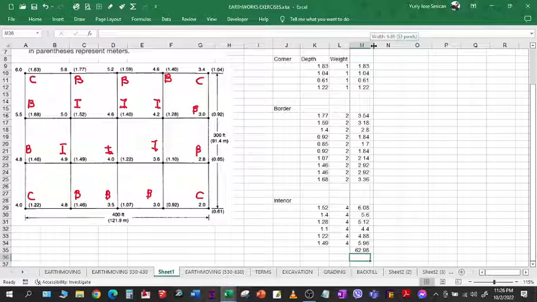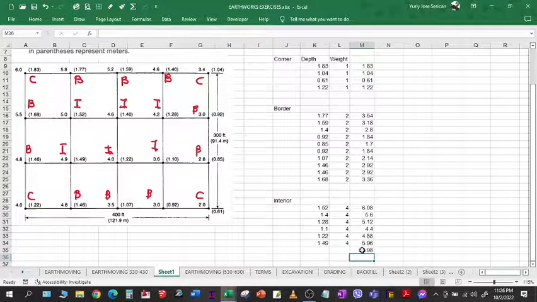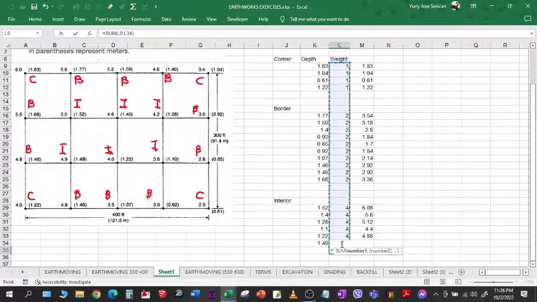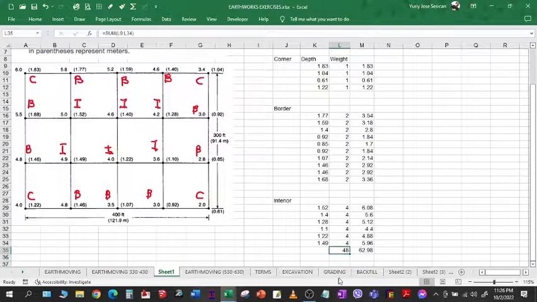We have 62.98, and we also sum up all of the weights here. We have 48. So the total of the weights is 48, and the total of the depths multiplied to each of the weights is 62.98.